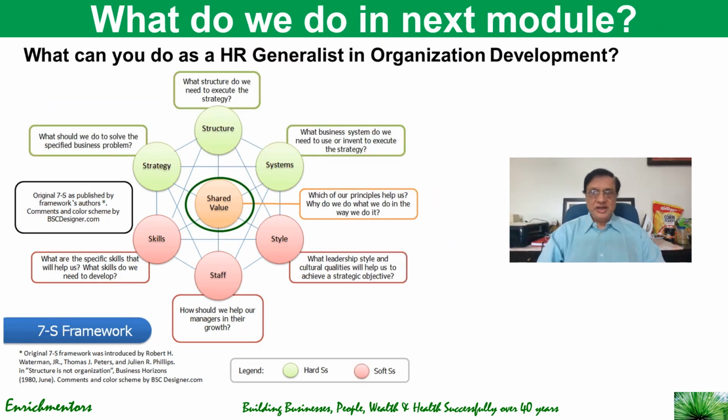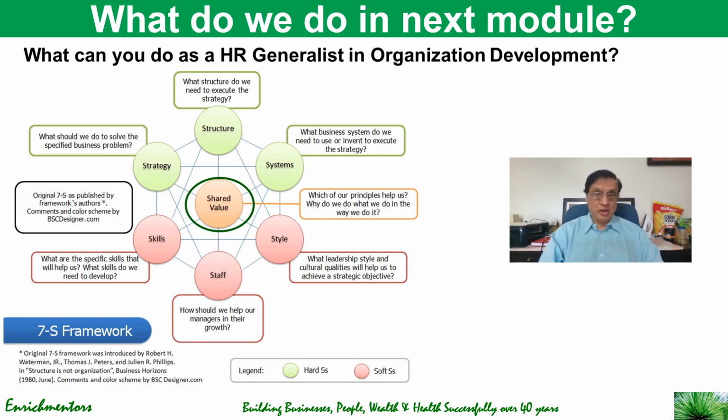So what do we do in the next module? In the next module, we will answer the question directly: what can you do as an HR generalist in organization development? Organization development is a kind of general management work in which the CEO of the company would take the lead, and various people, including the various functional leaders, would play their individual roles.